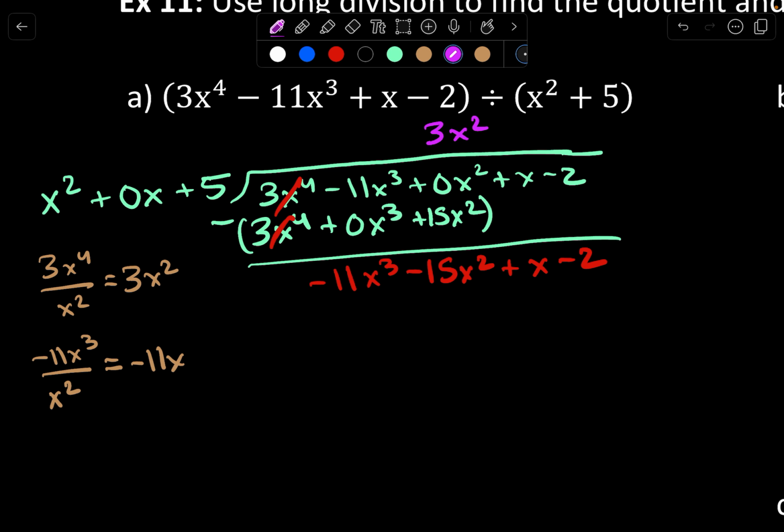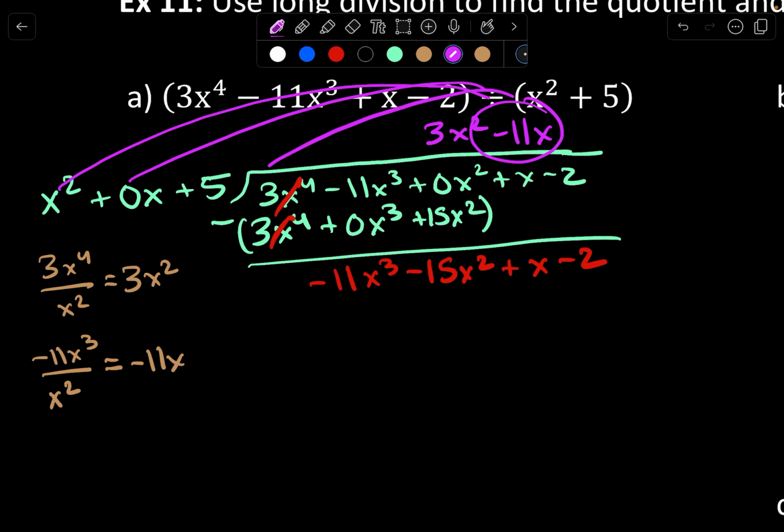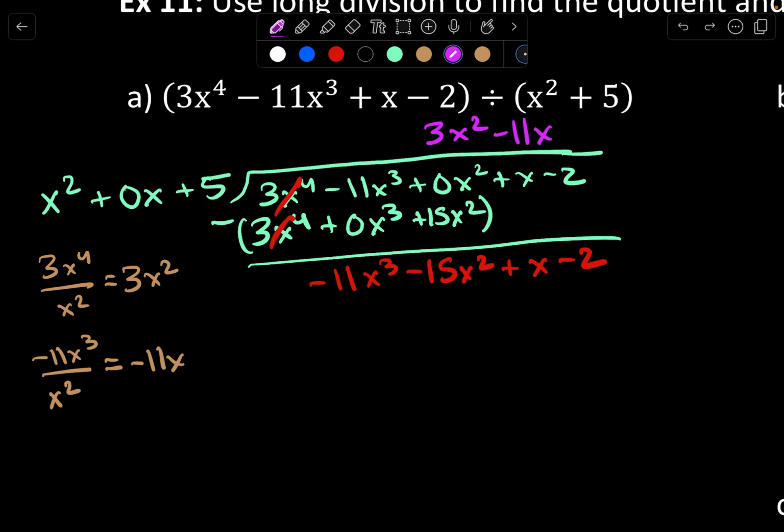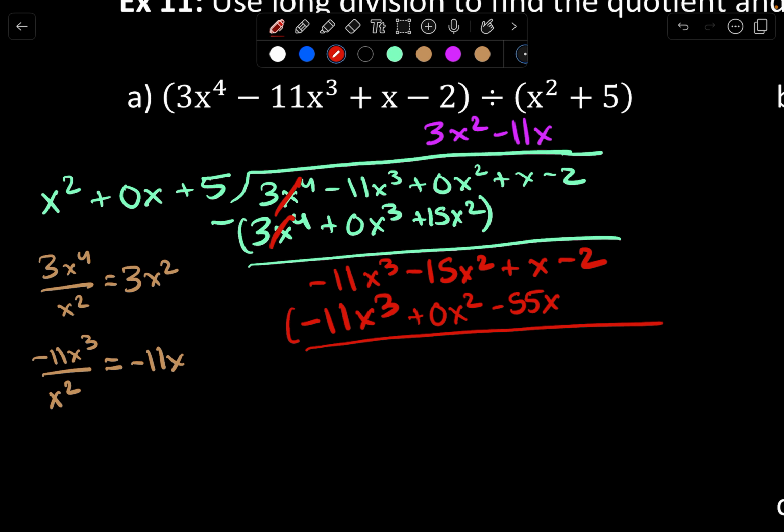That goes up in the quotient, minus 11x. From here, we repeat: multiply this with all three terms in the divisor. Negative 11x times x squared gives negative 11x cubed. Negative 11x times 0 gives plus 0x squared. Negative 11x times 5 gives negative 55x, and then we subtract those.